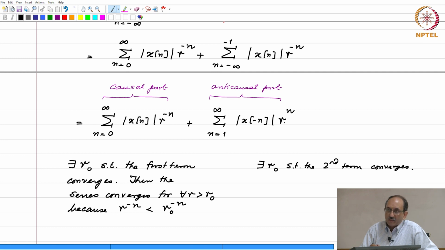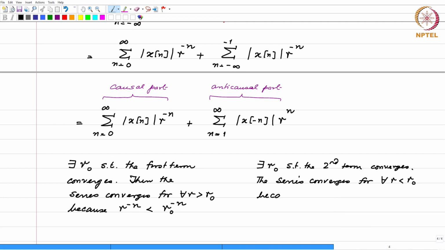Therefore, any radius that is smaller than R naught will decay faster, and hence by the comparison test, if the series converges for R naught, the series will necessarily converge for all values of R that are less than R naught for the second term. So, the series converges for all R less than R naught, because R power n will be less than R naught power n.